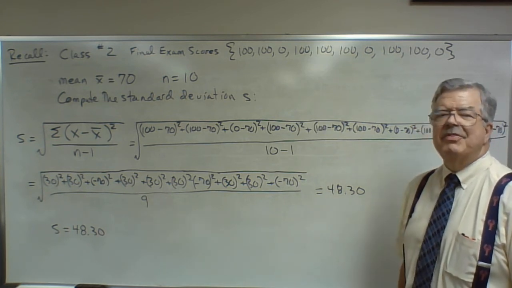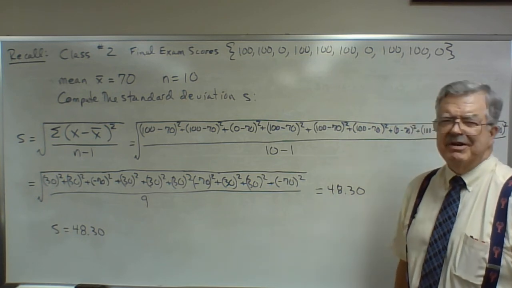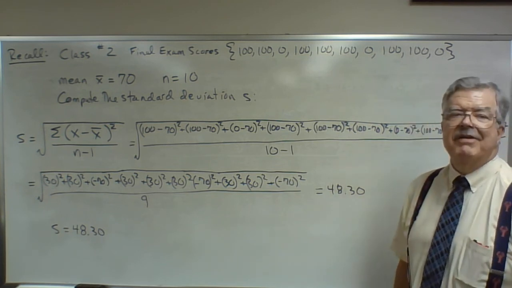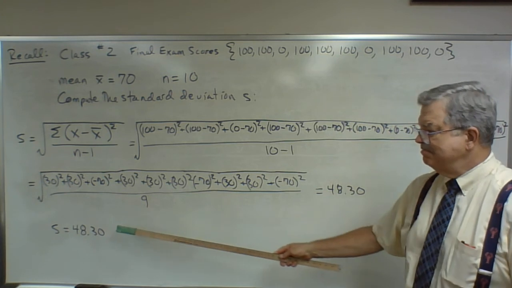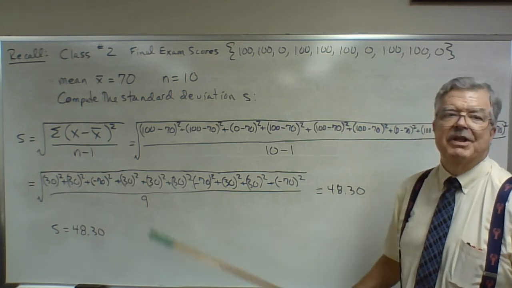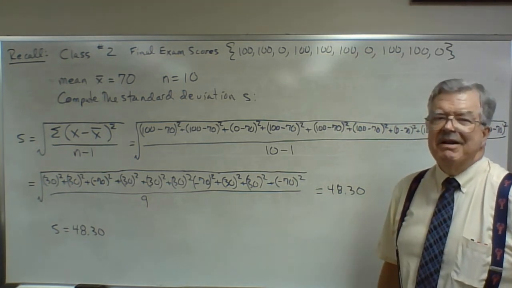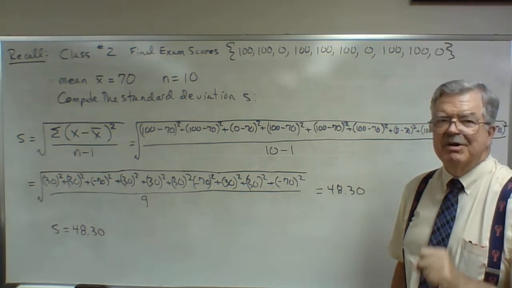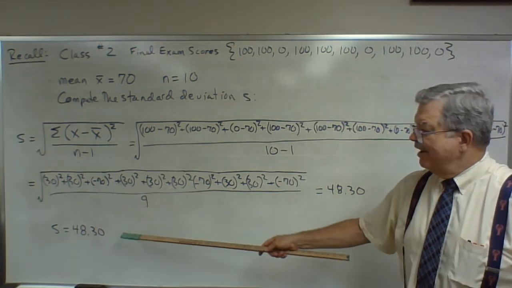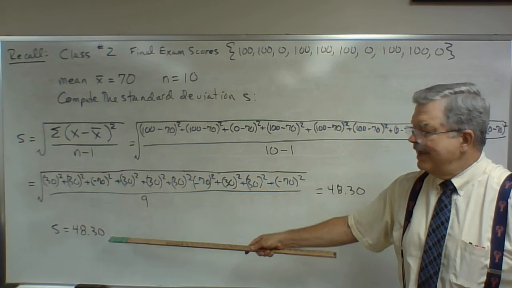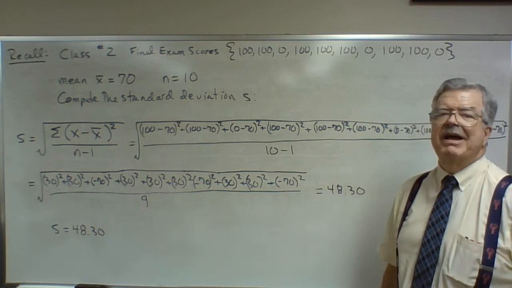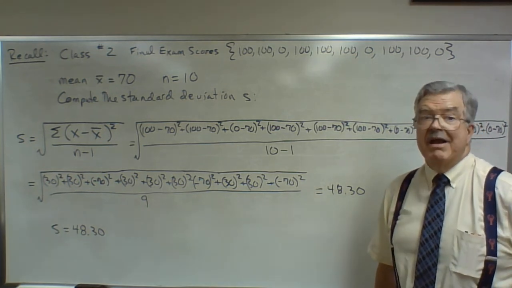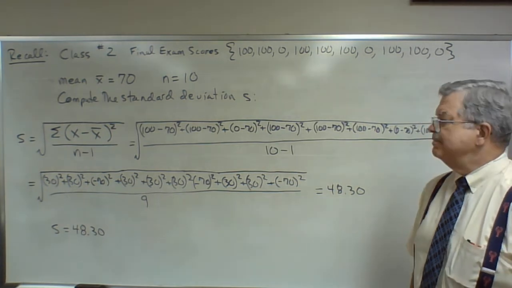And essentially what that means is on average, the data values are about 48.3 units from the mean. Not exactly, but a good estimate. 48.3 is a good estimate of how far the data values on average are dispersed from the mean.